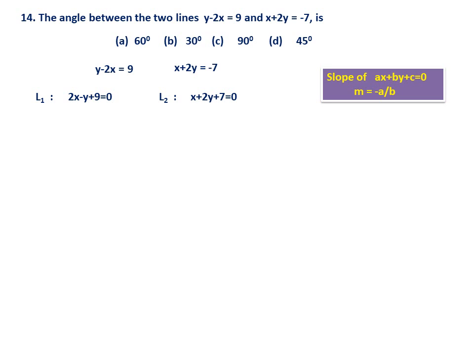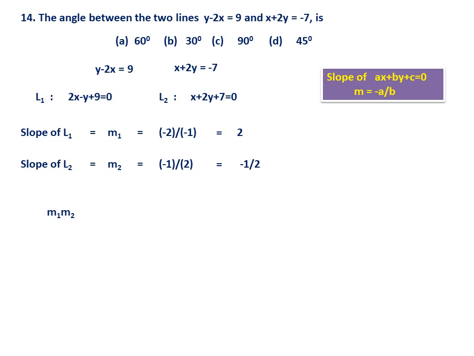The slope of the equation is given by m equal to minus a by b whenever the equation is in the general form ax plus by plus c equal to 0. Therefore, the slope of L1, let us say m1, is equal to minus 2 by minus 1, so that is 2. Similarly, the slope of L2 is m2, that is equal to minus 1 by 2.